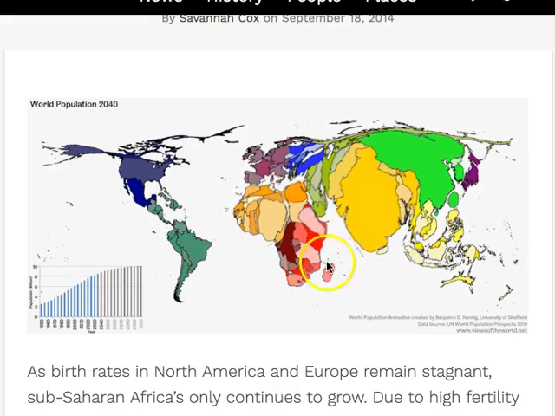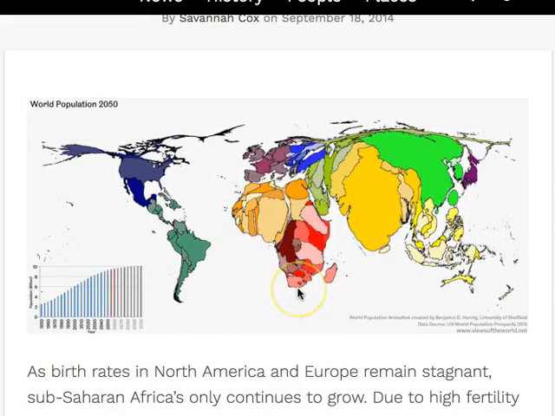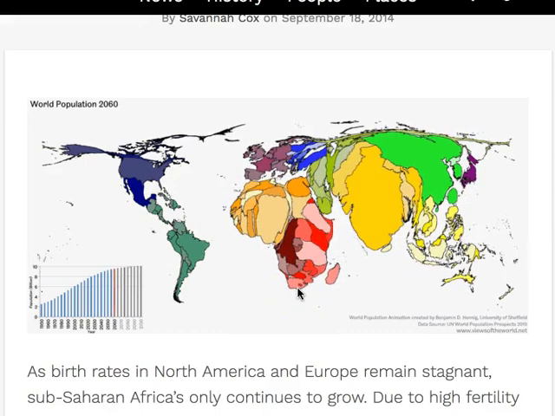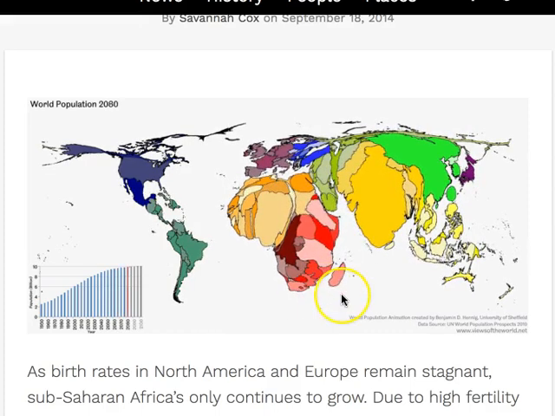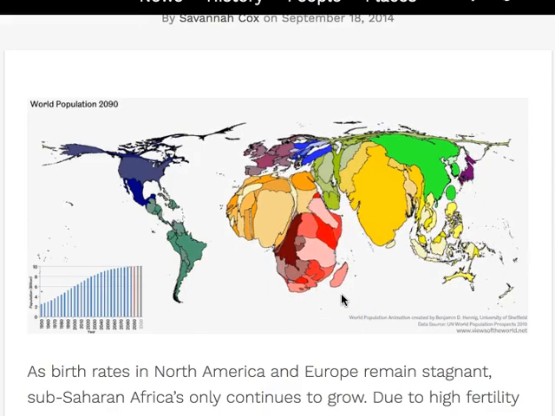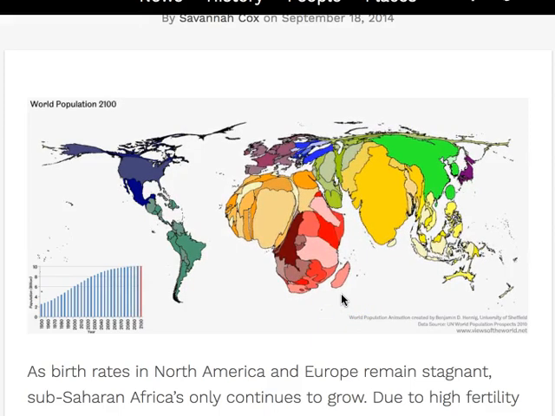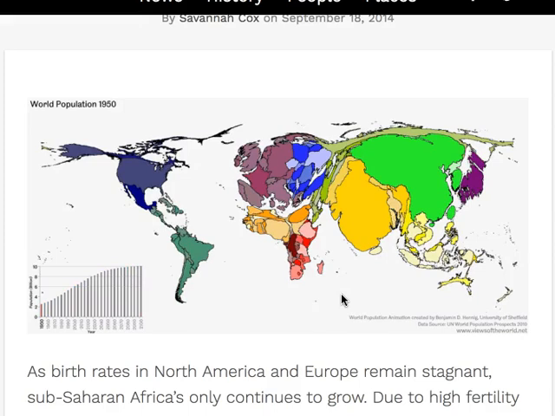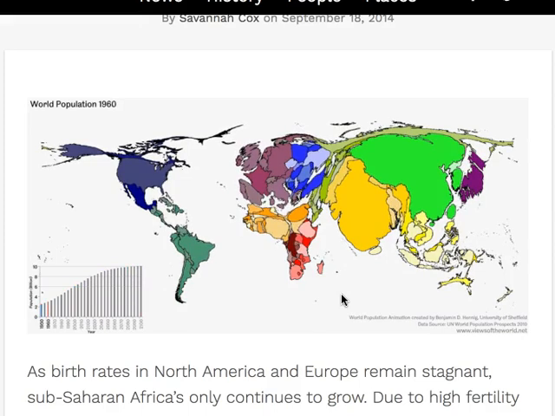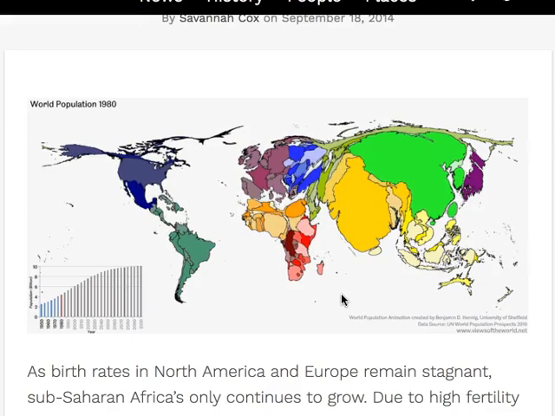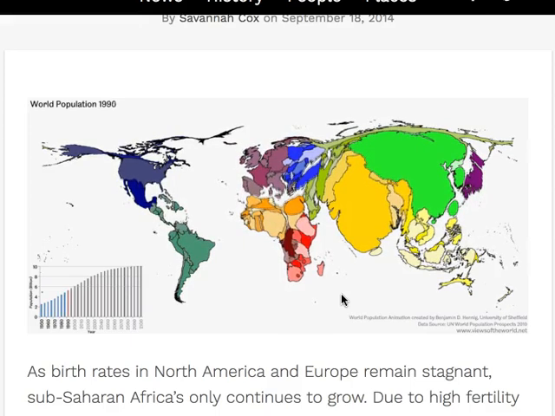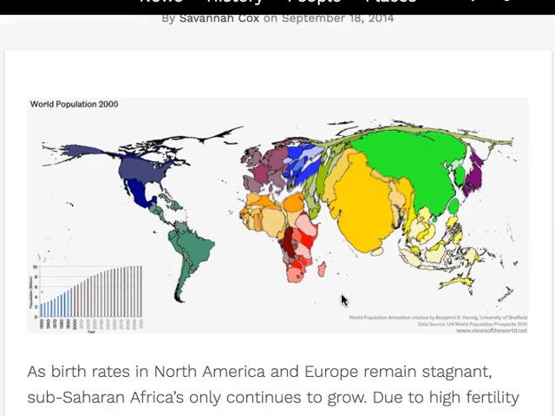And this is the continent of Africa, and we see that Africa's population is projected to be increasing quite substantially into the future. This has to do with industrialization. Remember that in industrialized countries, people don't have as many babies. As we go through industrialization, the population tends to get larger and larger.